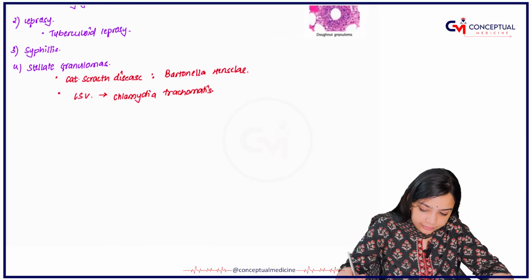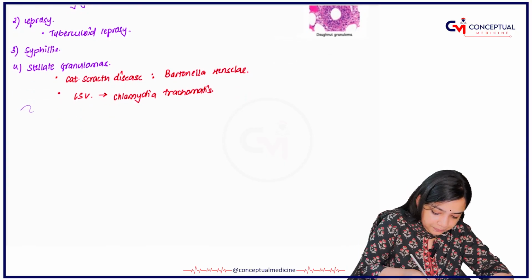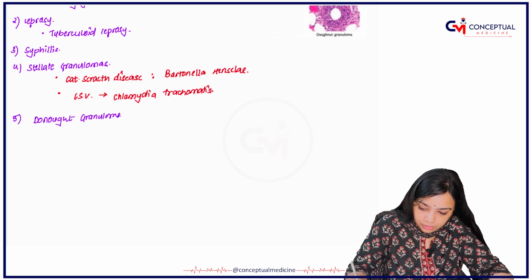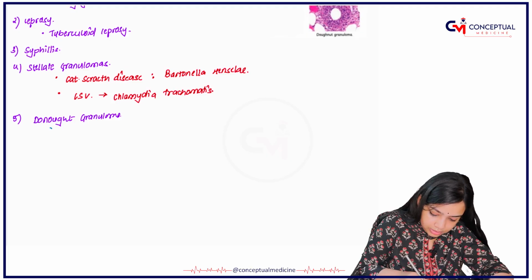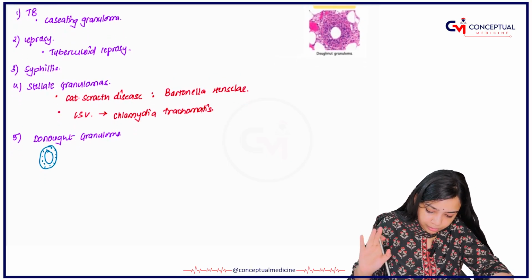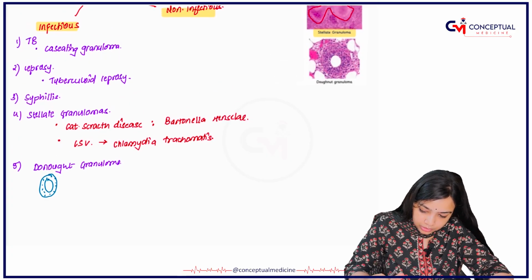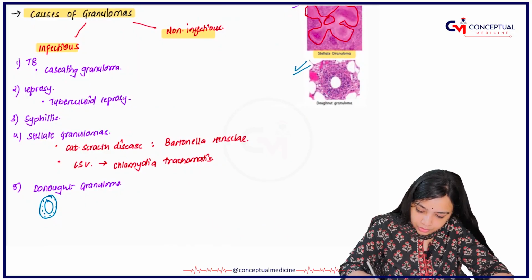Next thing that you have is about the donut granuloma. Okay, donut granuloma. You all know how a donut looks like, right? Something like this, the donut looks like. Although my drawing is not that good, but this is how the donut looks like. See this figure also.